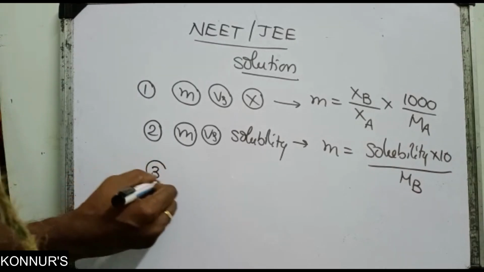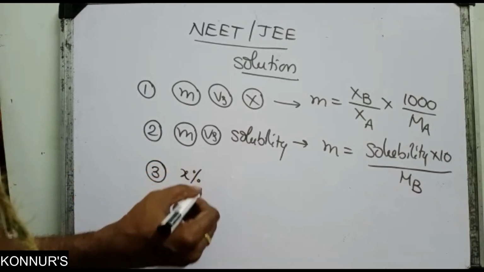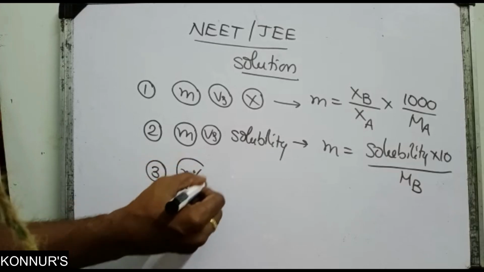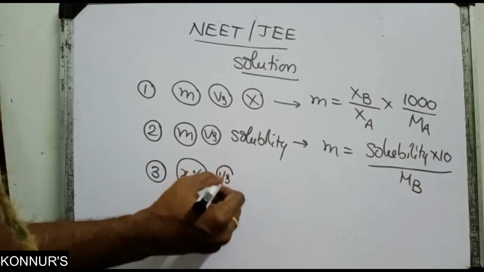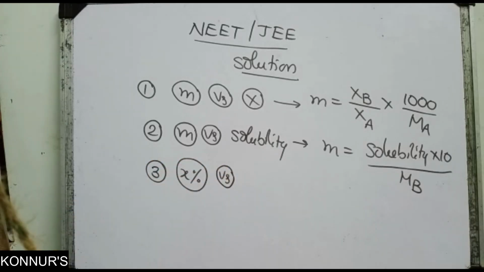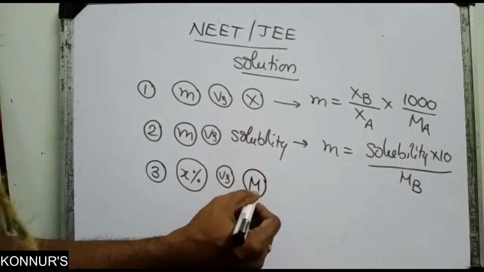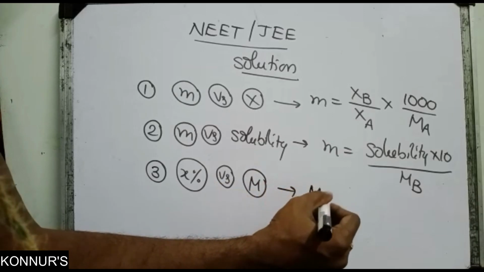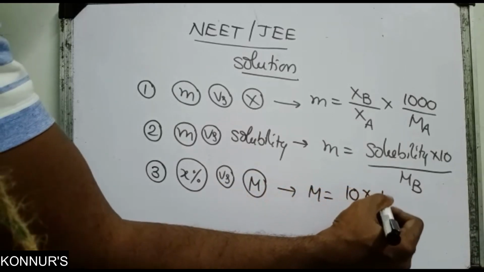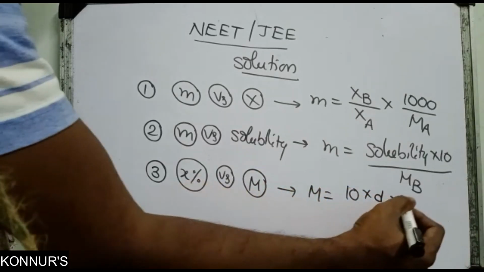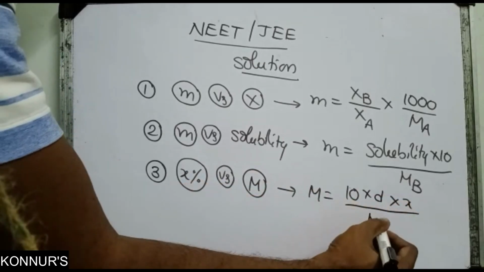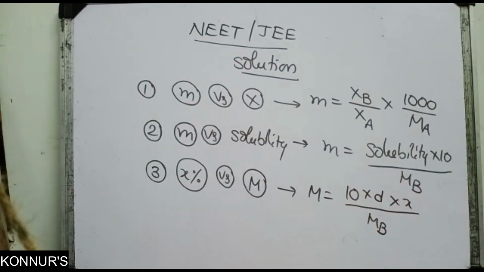Next, X percentage of solute is present in the solution, and they mention the density also. Then they will ask about molarity, capital M. So capital M equals 10 into density into X percentage by molecular weight of solute.